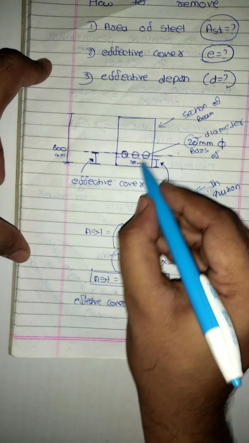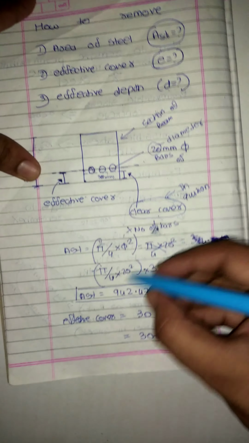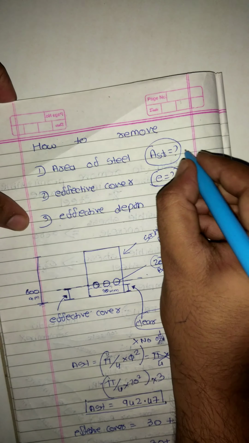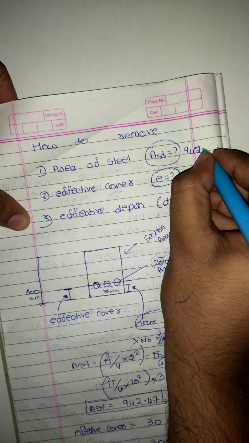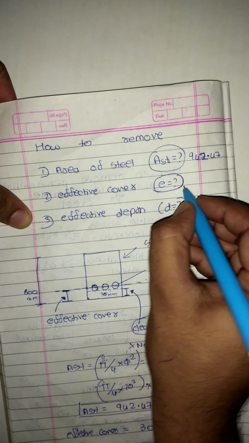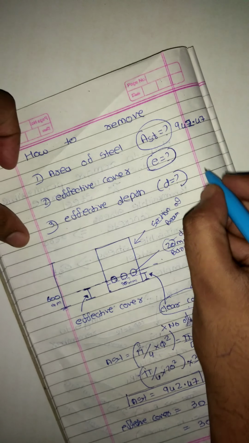So the effective cover is 40 mm. We have got the area of steel as 942.47 and the effective cover as 40 mm.